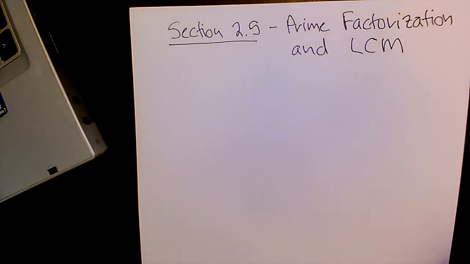Okay, this is the last section of Chapter 2, which is Section 2.5, and it's going to be dealing with prime factorization and LCM. And prime factorization, if you've seen the factor trees, that's what we're going to be doing, the factor trees.